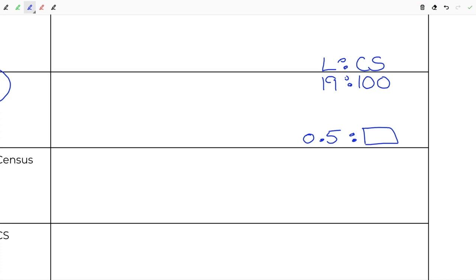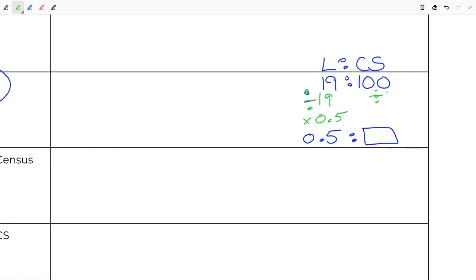But in the meantime, I'm going to keep with the thing that we know works, which is first getting us to 1 by dividing by 19, and then multiplying by 0.5. We're going to do that same thing to the other side.